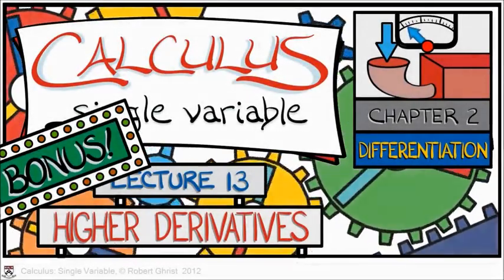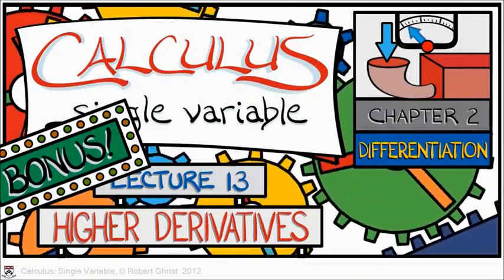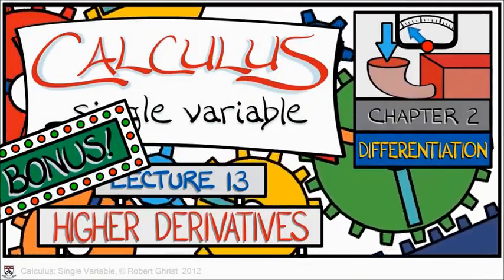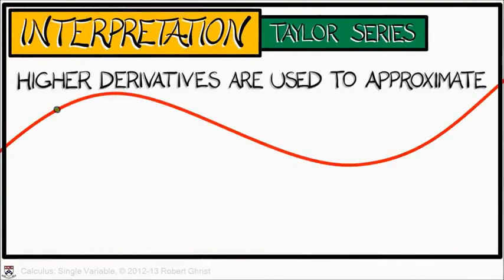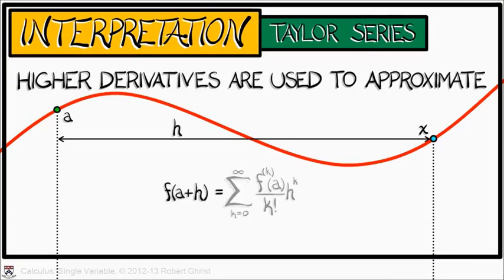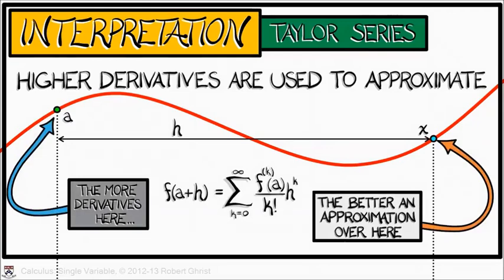Welcome to Calculus. I'm Professor Greist, and we're about to begin Lecture 13, Bonus Material. In our main lesson, we saw that perhaps the ultimate interpretation of higher derivatives is in terms of Taylor series, that if we are at a particular input, then the more derivatives we know at that input, the better we can approximate what the value of the function is farther away by some step h.